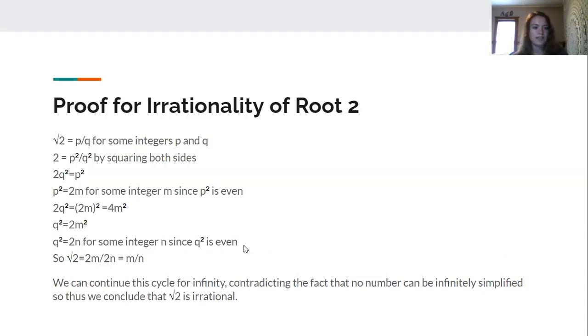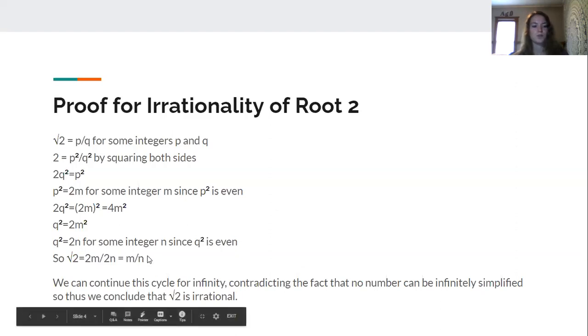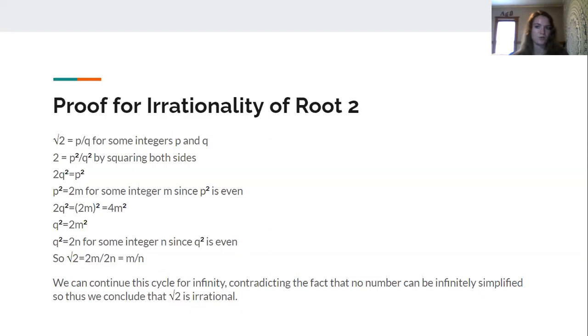Lastly, by substituting 2m and 2n in for p and q in our original equation, we can say that the square root of 2 is equal to 2m divided by 2n, which equals m over n. So now we're back where we started, where we have the square root of 2 equals an integer divided by an integer, only we simplified it.